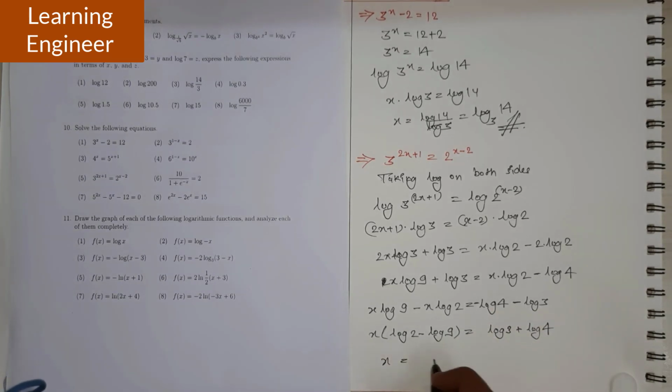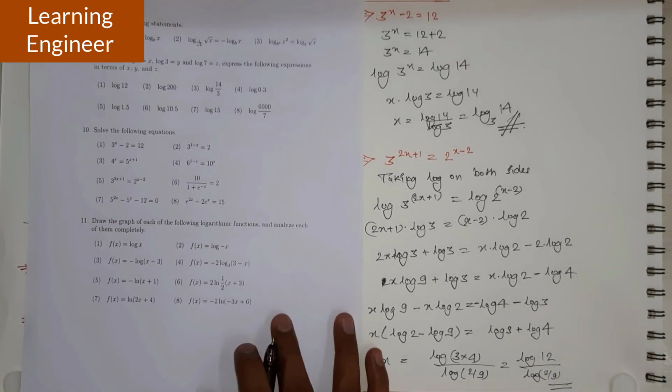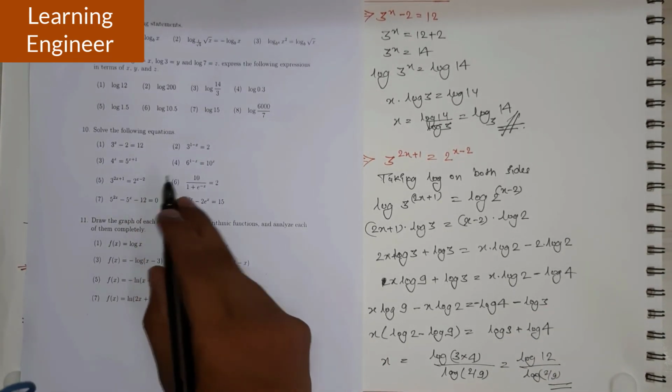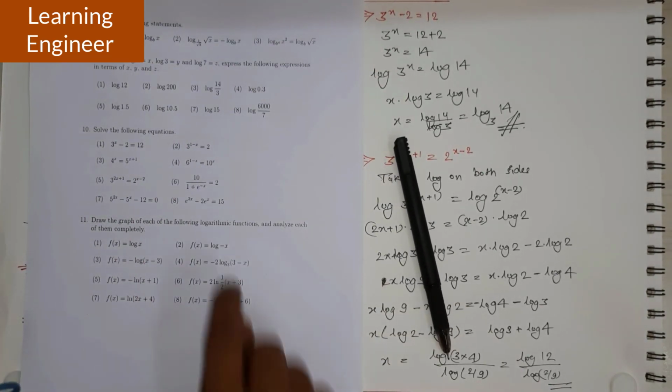So x equal to log of a plus b, that is 3 into 4, and log of a upon b, that is 2 upon 9. So x equals log of 12 divided by log of 2 by 9. So this is how we have calculated the value of x for the given expression, and this is how we can approach the given question.